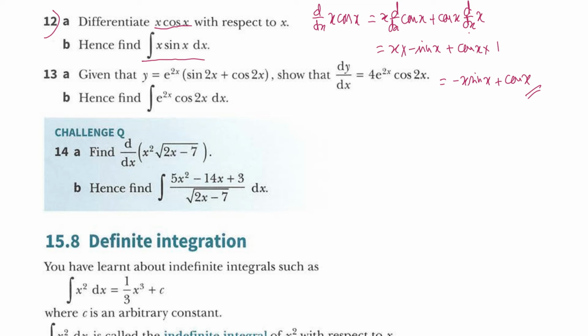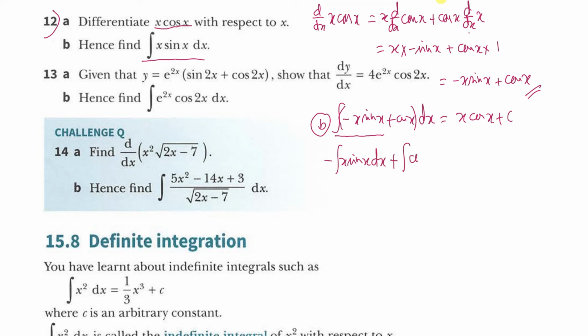So like before, we also can write it for the b part. If we integrate the whole thing, minus x sin x plus cos x dx, then we would get from there x cos x plus c. Now let me make this one the subject. The minus sign is outside, x sin x dx, then plus cos x dx, this is another expression, equals x cos x plus c.